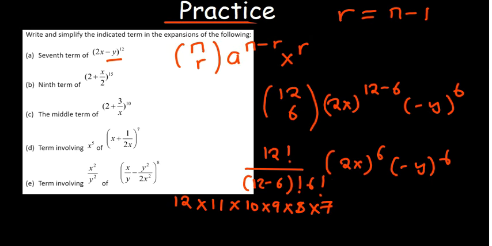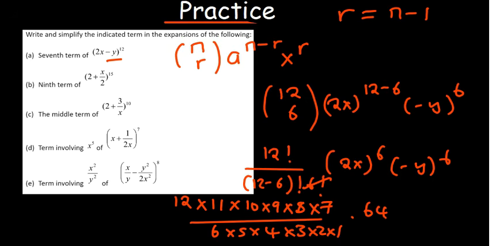The 6 factorial will cancel out with that, and then you still remain with the 6 factorial from 12 minus 6, which will be 6 times 5 times 4 times 3 times 2 times 1. 2 to the power 6 should be 64, if I'm not mistaken. 2 to the power 4 is 16, yes. So 64 x to the power 6, y to the power 6.